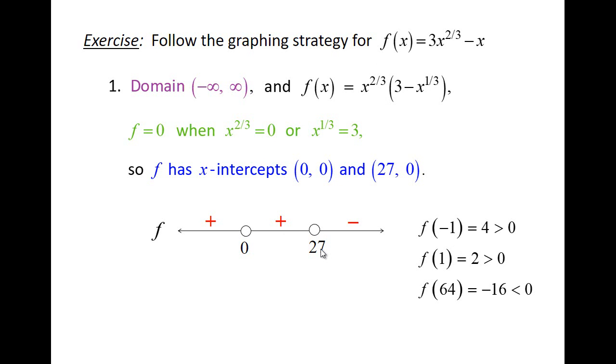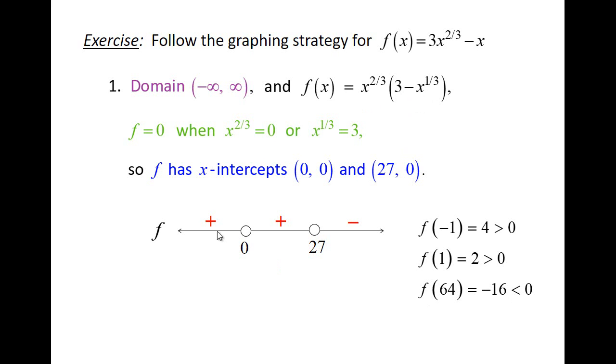And on the right side of 27, let's say we can pick 64, and if I plug in 64 here, then I get 64 times the cube root of 64, which is 4, and then 4 squared would be 16, and 3 minus 4 would be negative 1, so we get negative 16.